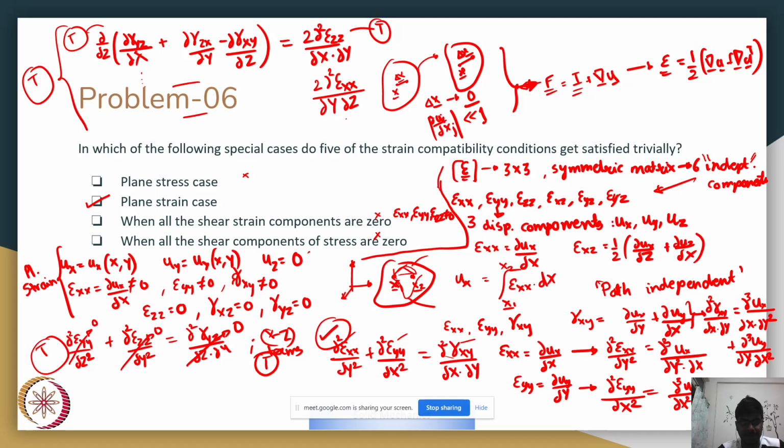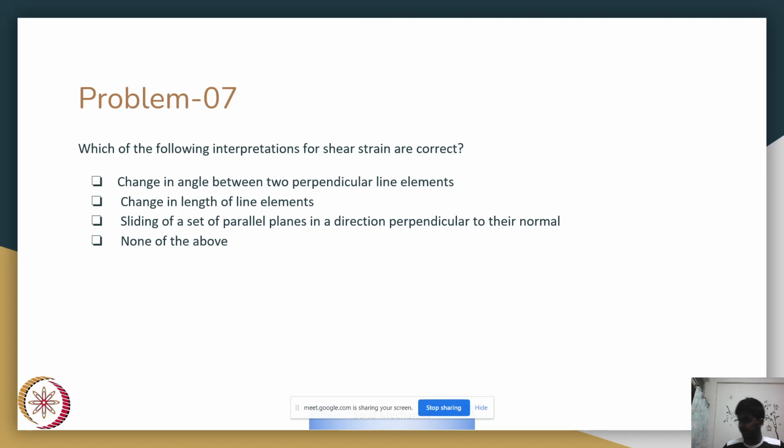Okay, let's go to the seventh problem. Which of the following interpretations for shear strain are correct? So is shear strain a change in angle between two perpendicular line elements? Is this shear strain?